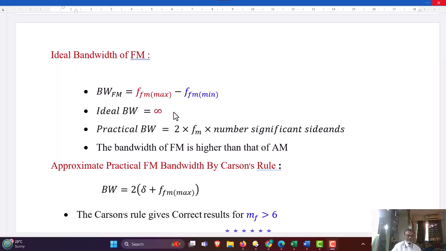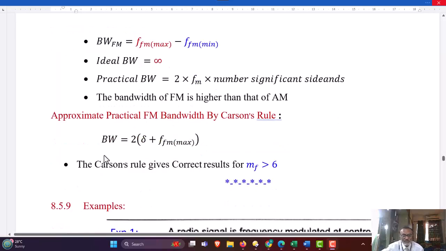The bandwidth of the FM signal is found to be much higher than AM, that is amplitude modulation, and therefore multiple FM stations consume large bandwidth compared to AM stations.